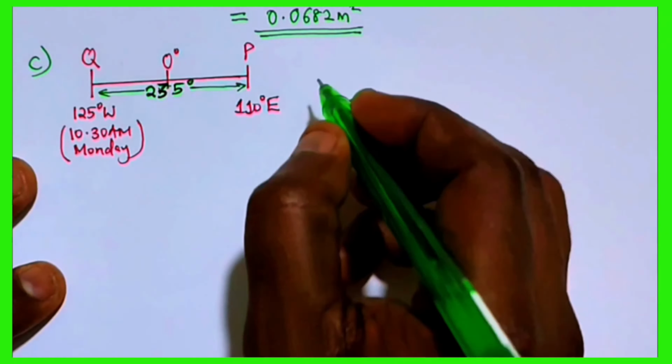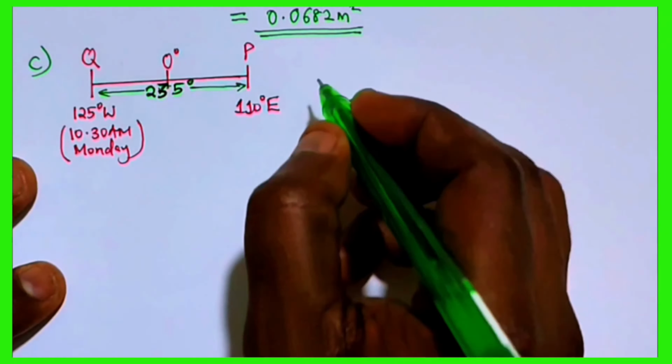So when you multiply 60 by cos 53.4, you end up getting 35.77. So this will be equal to 1125 nautical miles. And then when you divide both sides by 35.77, you end up getting the value of theta to be equal to 31.45 degrees.